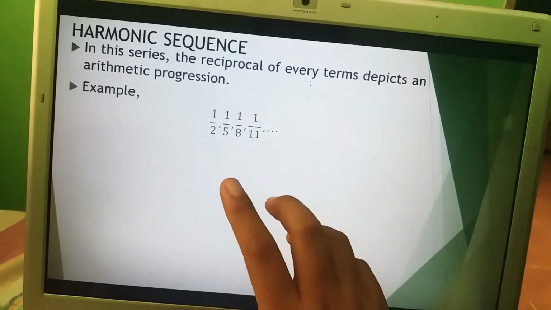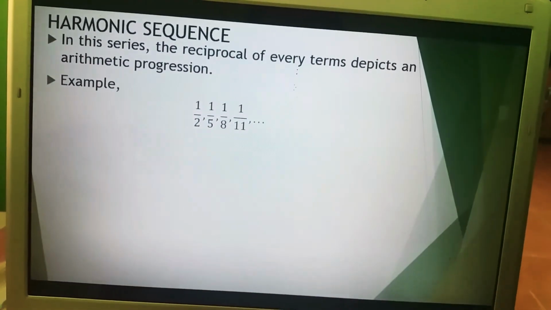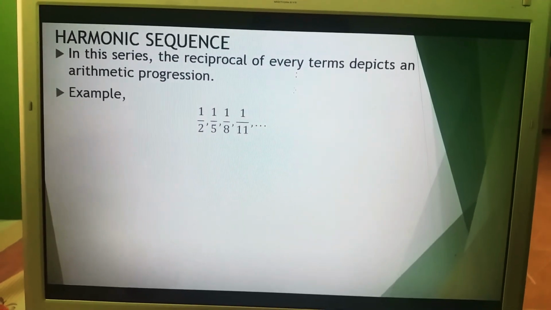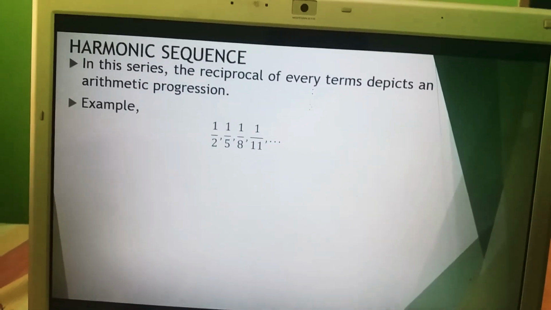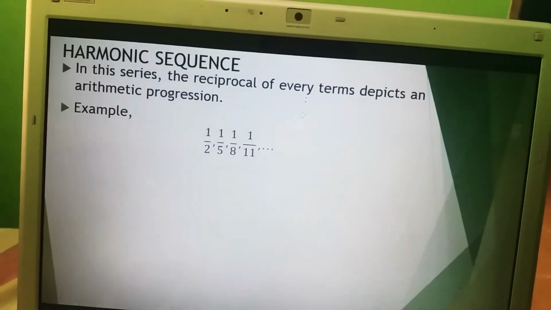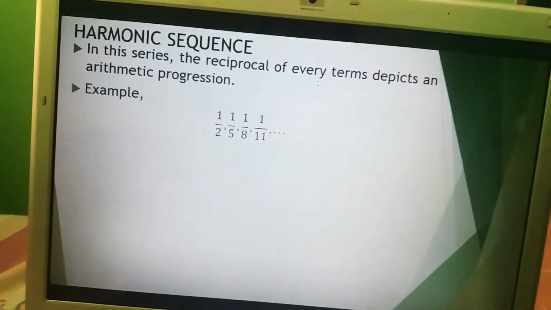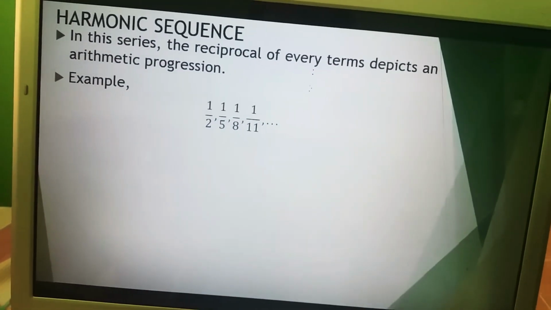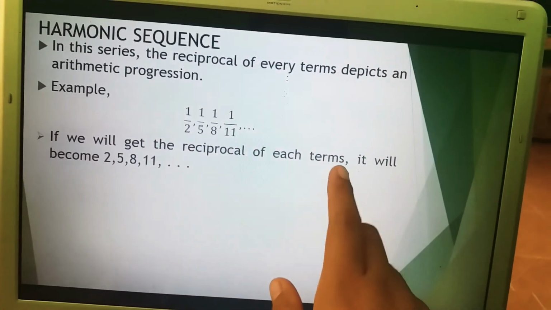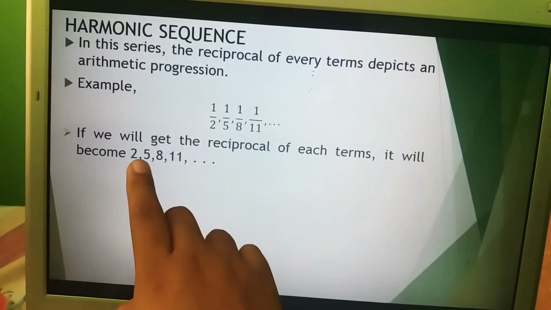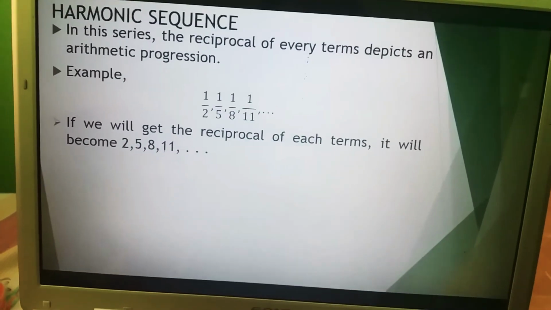Pag sinabing reciprocal, babaliktarin mo lang yung numerator at denominator. At dahil 1 ang nasa taas or nasa numerator, it will become a whole number. So, if we will get the reciprocal of each term, it will become 2, 5, 8, and 11.